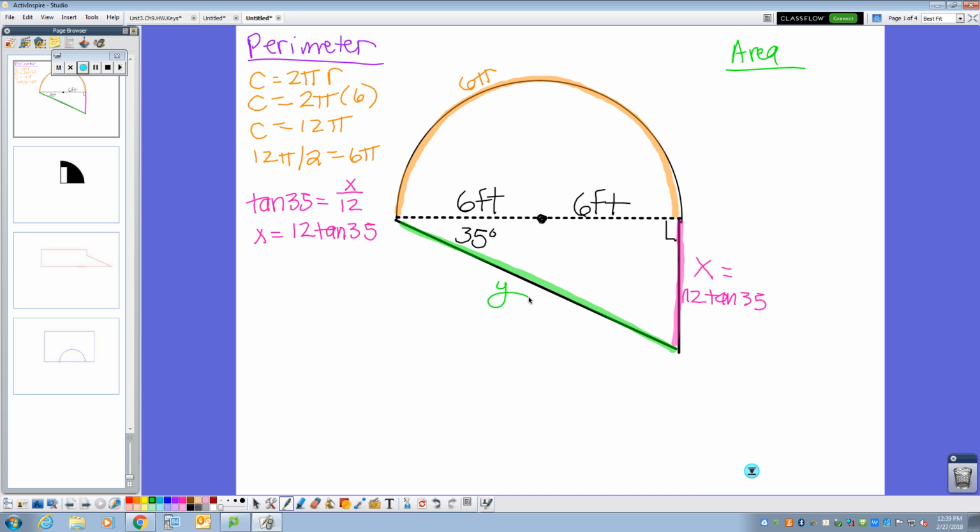We could do the Pythagorean theorem or law of sines or SOHCAHTOA again, and I'm going to use SOHCAHTOA again and say that the cosine of 35 is equal to the adjacent over the hypotenuse. And now to solve this, I get that y equals 12 over cosine of 35.